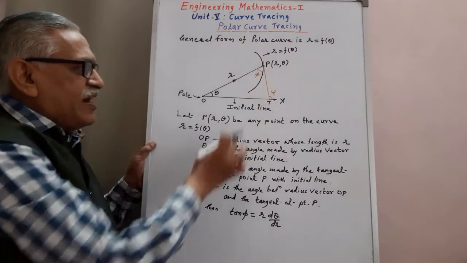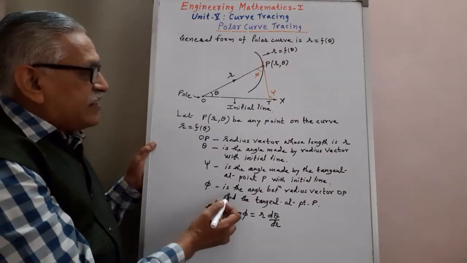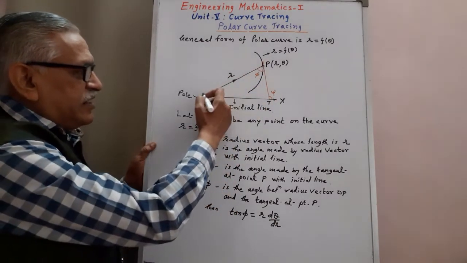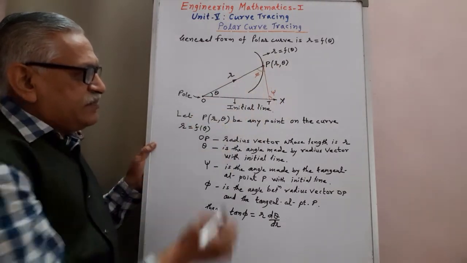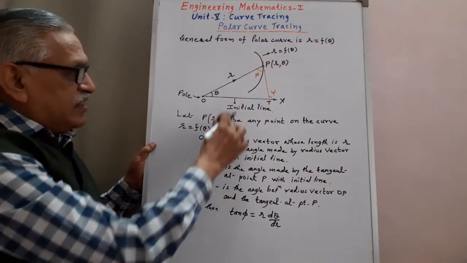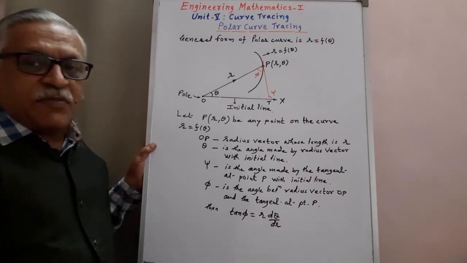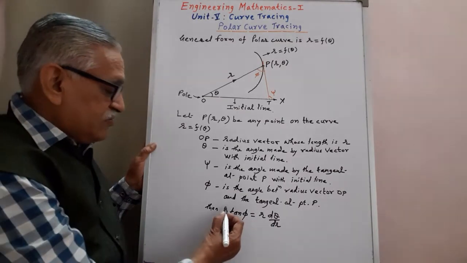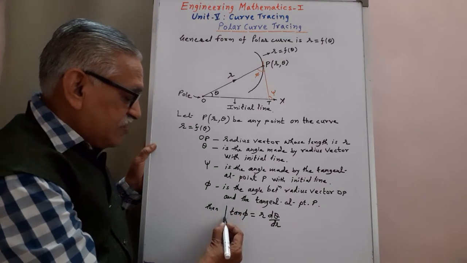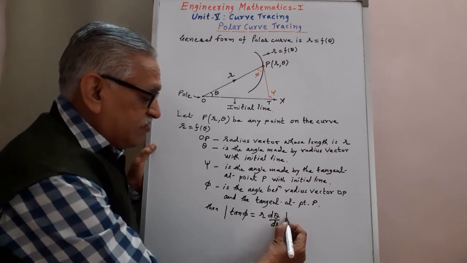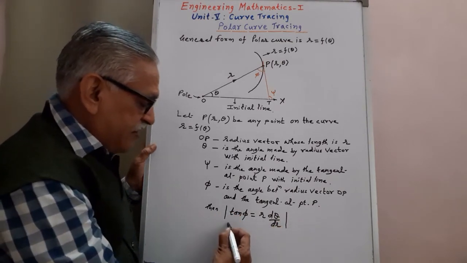Phi is the angle between the radius vector OP and the tangent PT, where tan phi is given by r into d theta by dr. This is the formula to find tan phi.